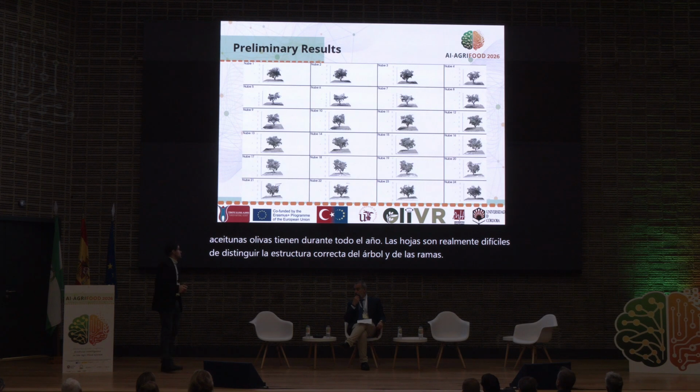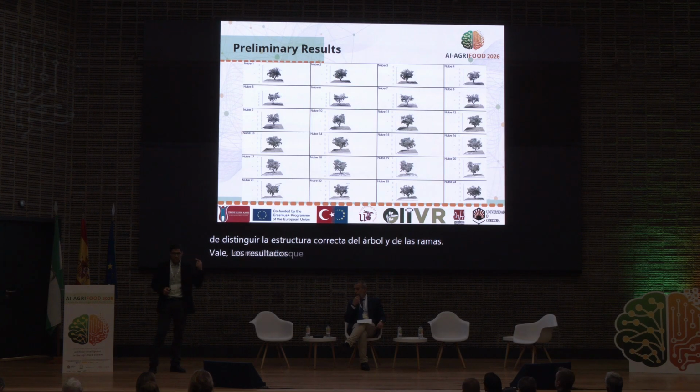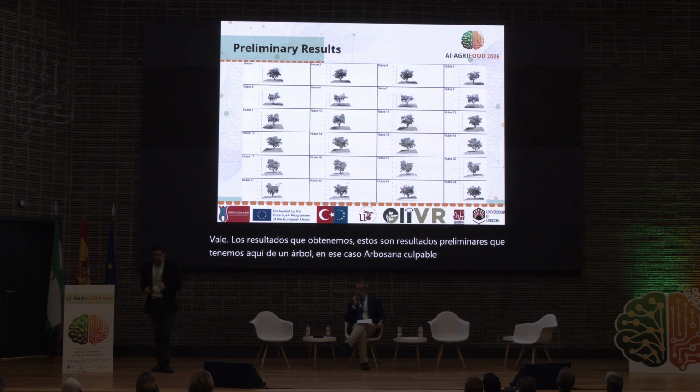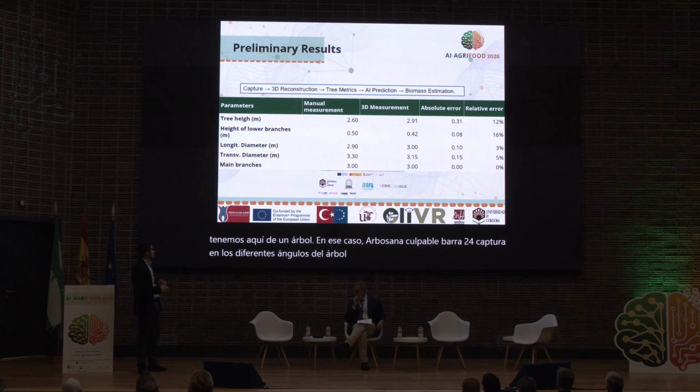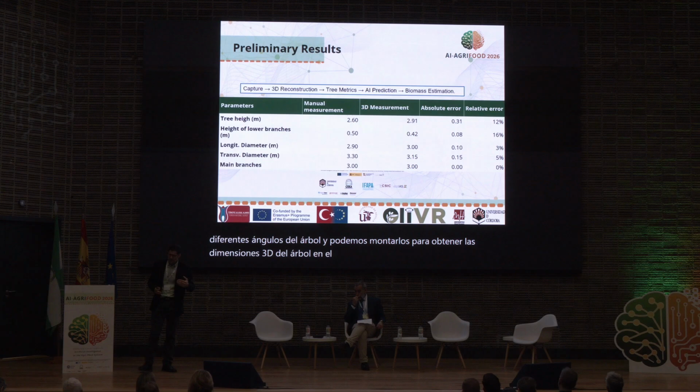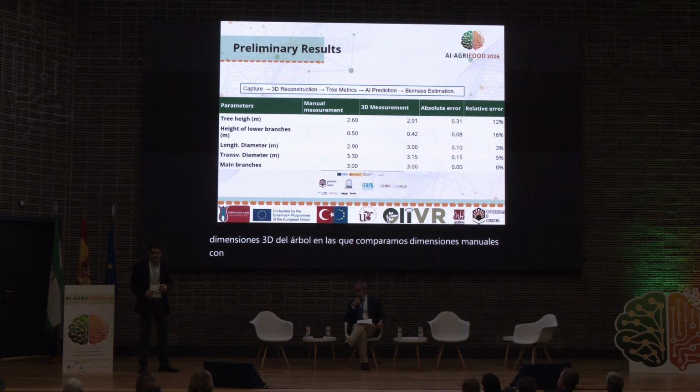These are preliminary results. Here we have one tree, in that case Arbosana cultivar, with 24 captures at different angles of the tree, and we can mount them to get the 3D dimensions of the tree, in which we compare manual dimensions with the 3D model dimensions.